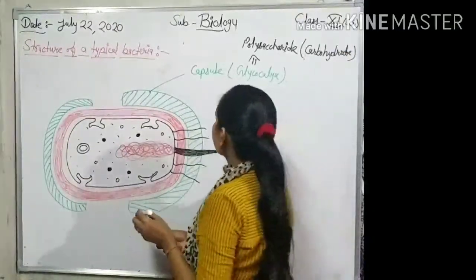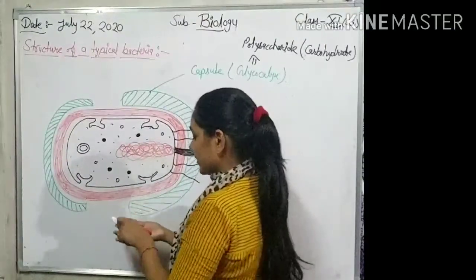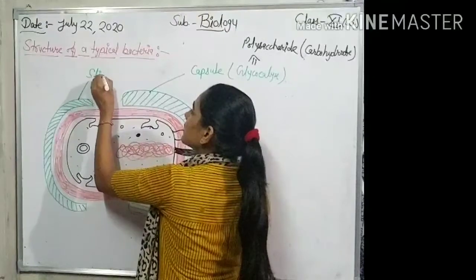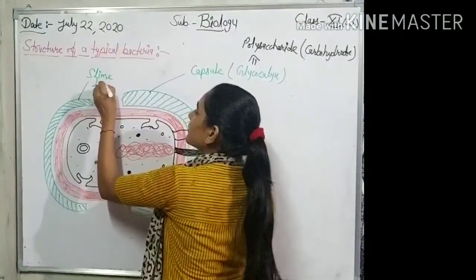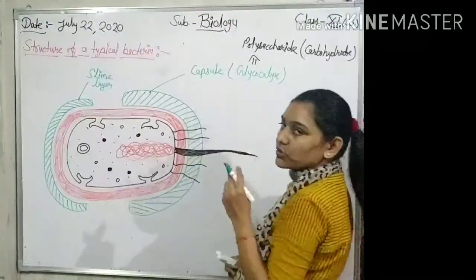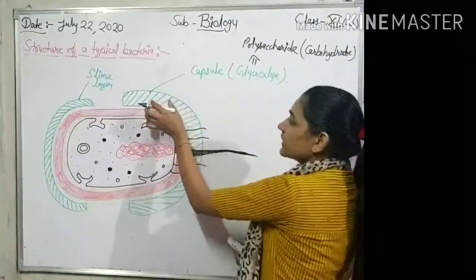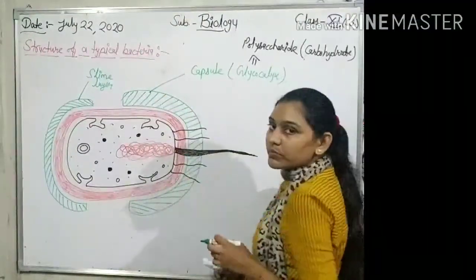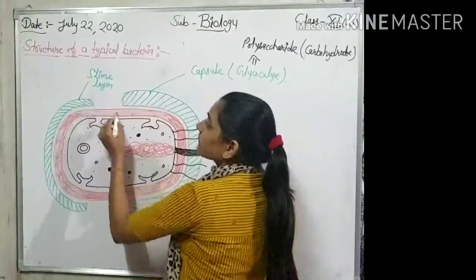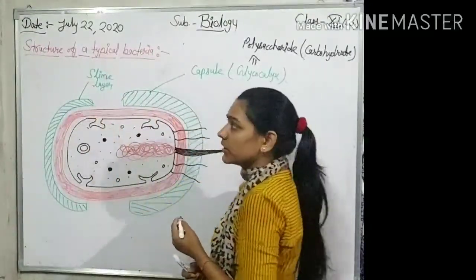Sometimes glycocalyx becomes loose and thin, so it is known as slime layer. Means glycocalyx is of two types, capsule and slime layer. Capsule is the thick and tough part of the bacterial cell, but slime layer is the thin and loose part of the bacterial cell.